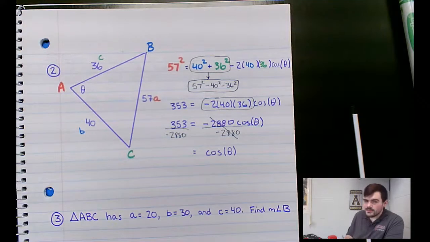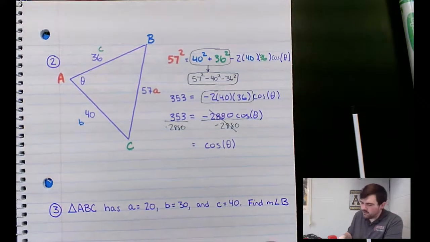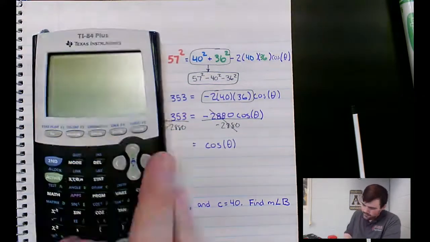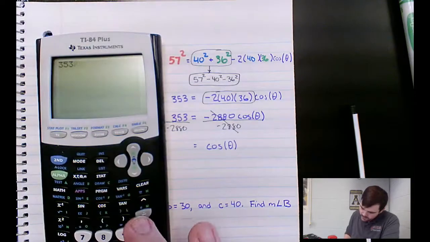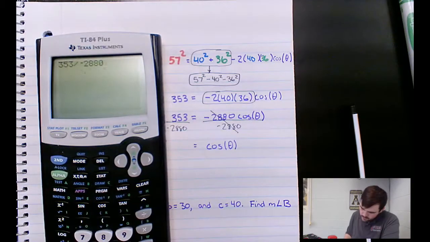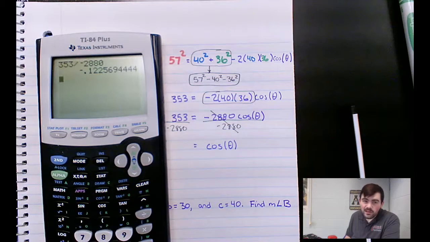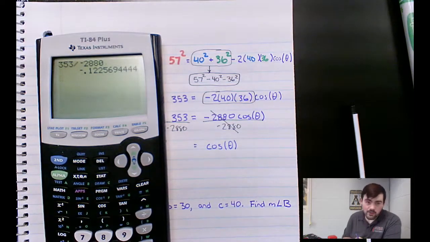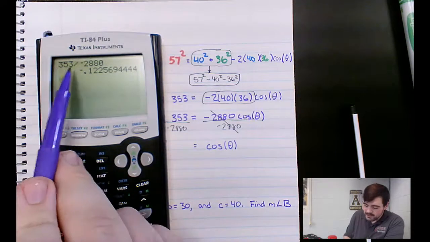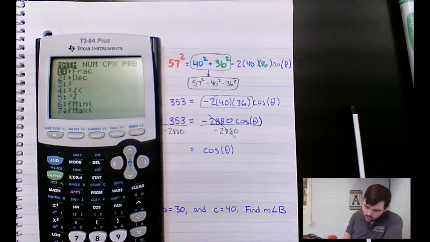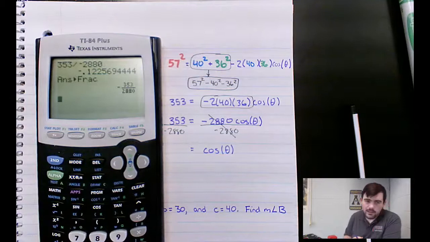Now on the left side, this 353 divided by negative 2880. If you type that into your calculator, you're probably going to get a really ugly number. It is rational, actually, because it can be written as a fraction, right?